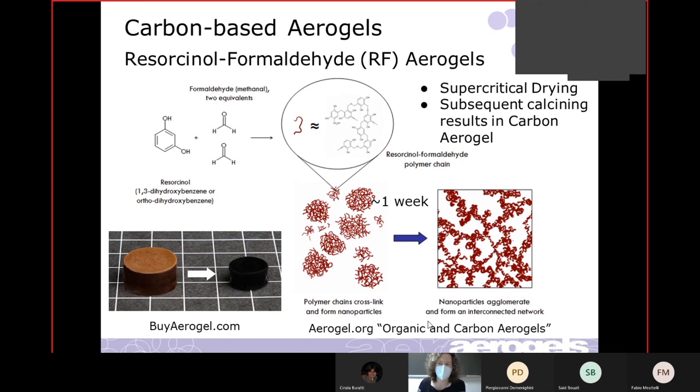Typically, these carbon aerogels would then be dried by supercritical CO2, which will now make a polymer aerogel. So again, with this great big long polymer chain, but if what we want is a carbon aerogel, what then happens is that the sample is calcined to cause reactions to change this essentially into just a carbon structure, as opposed to this long, I'm going to go back a slide.